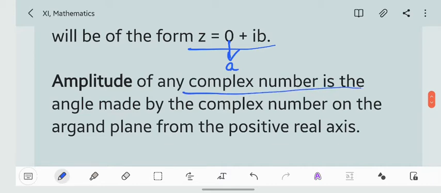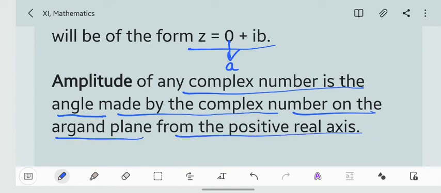The amplitude of any complex number is the angle made by the complex number on the Argand plane from the positive real axis.